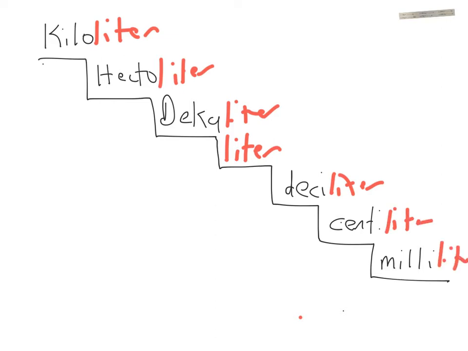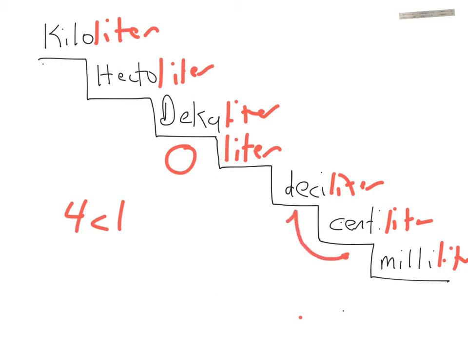Let's say that I have 4 centiliters. Well, the centiliters is here in this spot right here. And let's say I want to say, well, how many decaliters is 4 centiliters? Well, that's up here. How many spots on the stairs do I have to move?